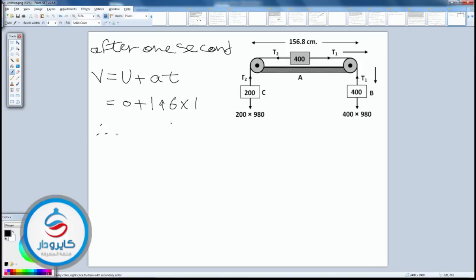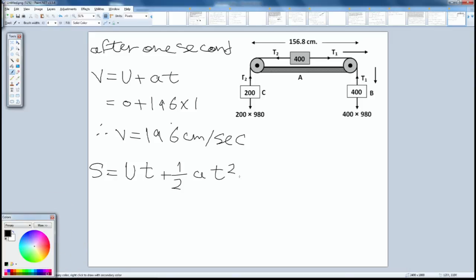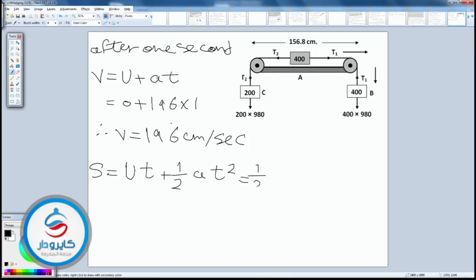Therefore, V equals 196 centimeters per second. S equals UT plus half AT squared, equals half times 196 times 1, equals 98 centimeters.